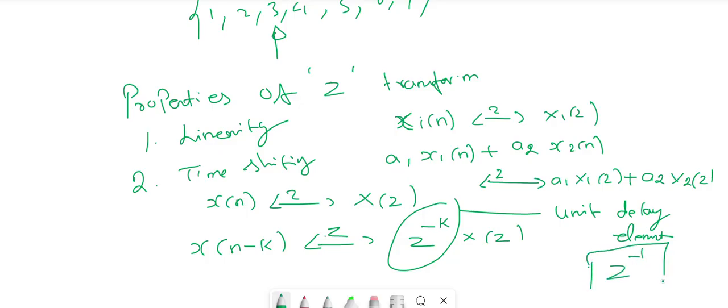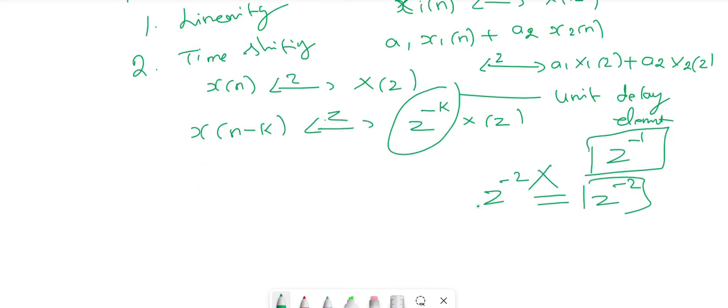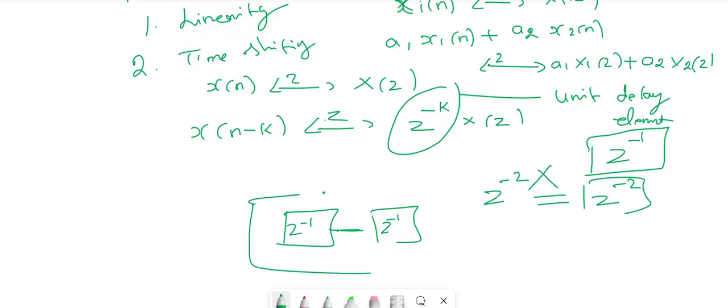If you want to write z minus 2, the delay by 2 samples means z minus 1 and again z minus 1, that is z minus 2. This represents only the unit delay element.